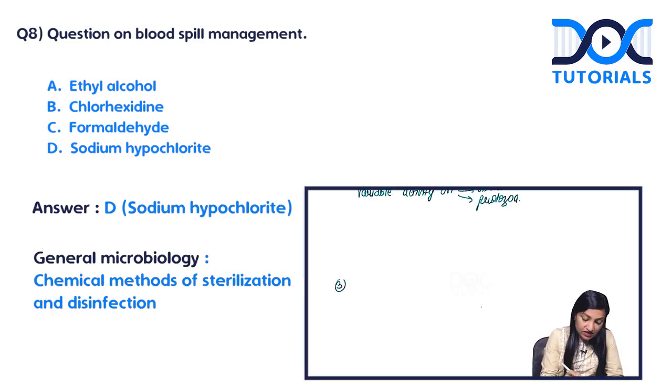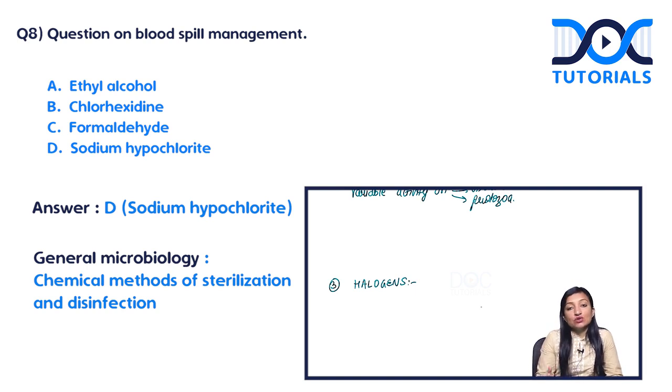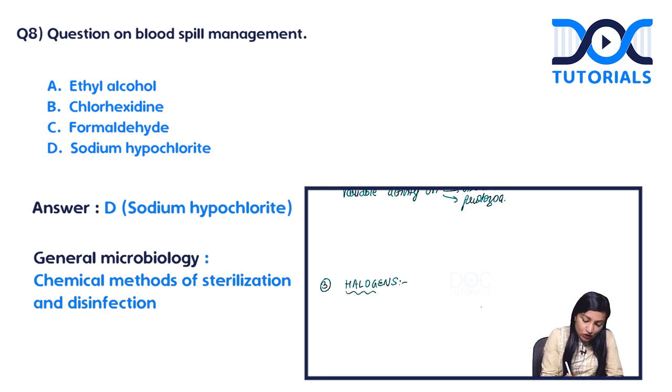The third category which I'm going to introduce to all of you is halogens. Now, halogens we have read in school in chemistry, and they have got different roles. What about their role in medical practice? Amongst all the halogens, you need to remember iodine and chlorine, which have antimicrobial activity.